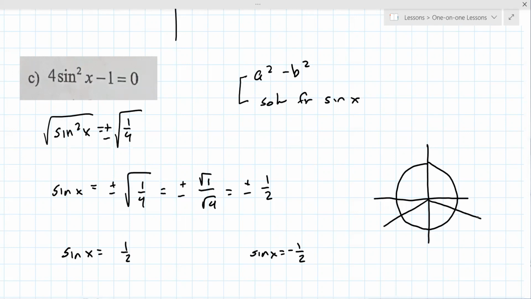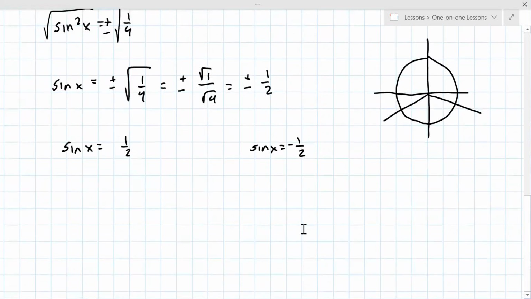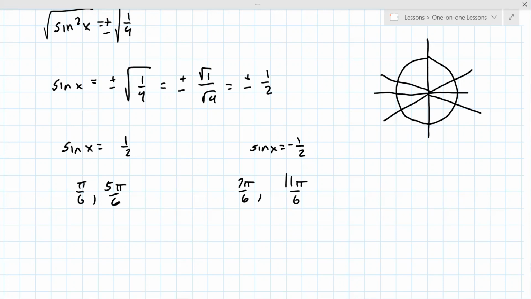And then for positive 1/2, it's pi over 6 and 5 pi over 6. Exactly. So pi over 6, 5 pi over 6, 7 pi over 6, 11 pi over 6. Without having a unit circle, it's pretty tough, but that should take care of that.